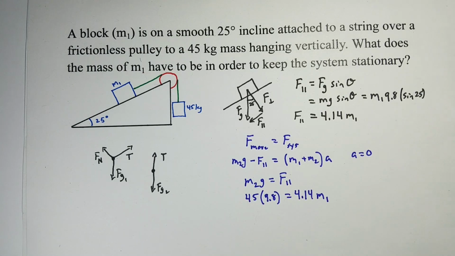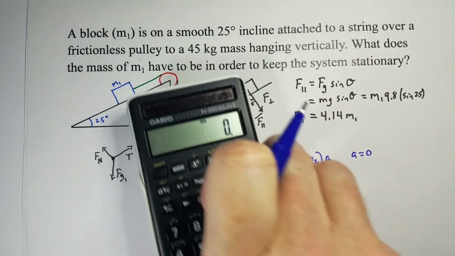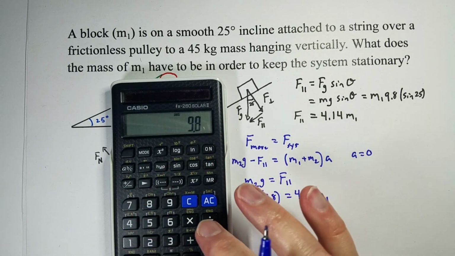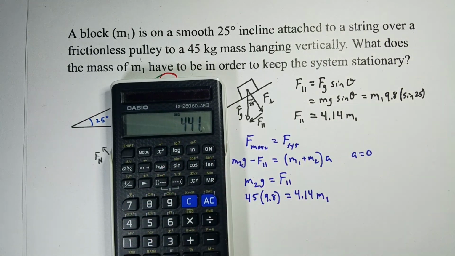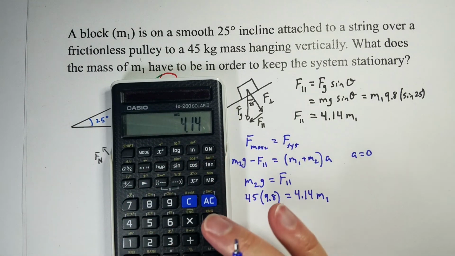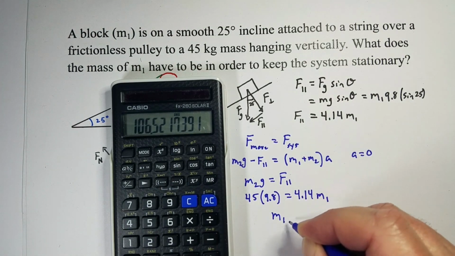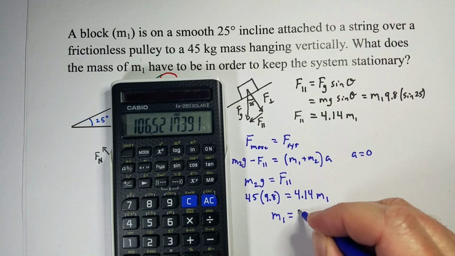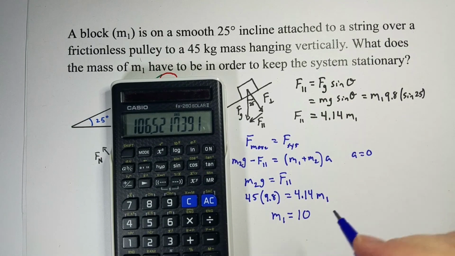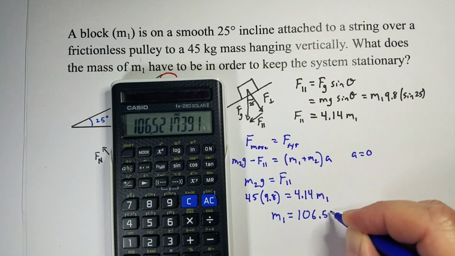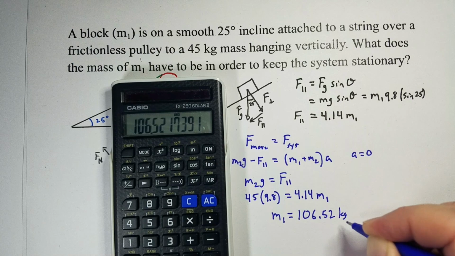So now we can actually solve that. 45 times 9.8 divided by 4.14 gives me the mass of block 1 for this whole system to remain sitting still, even though there's no friction, to be 106.52 kilograms.